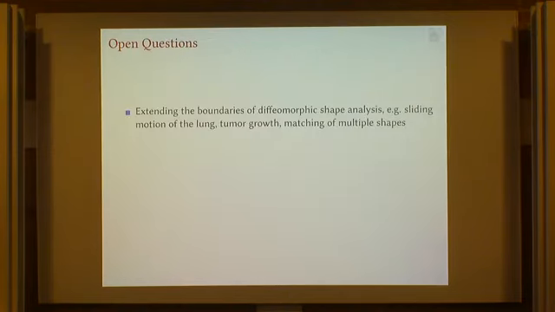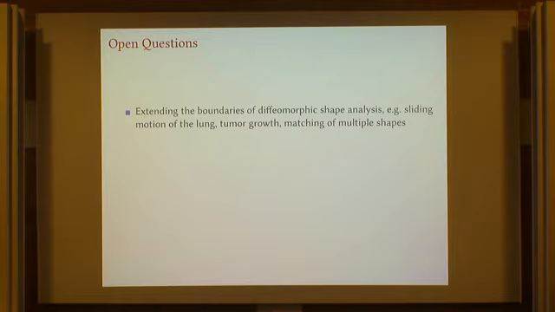Open questions. So what are the sort of things people are working on at the moment? First is extending the boundaries of diffeomorphic shape analysis. The diffeomorphic framework is quite useful because it simplifies having to explain the whole shape to just explaining shape differences. But sometimes it's not quite enough. For example, you have the motion of a lung which slides inside the rib cage.